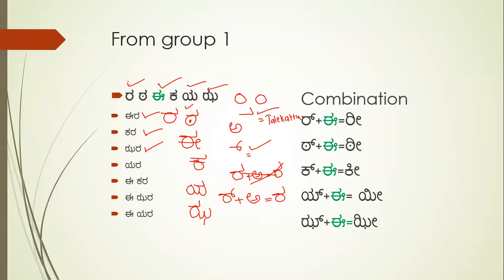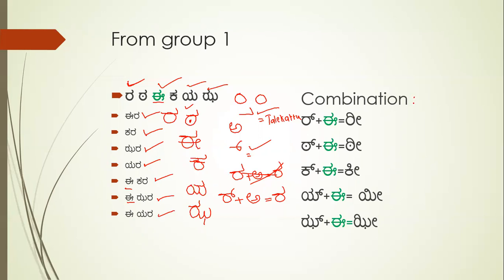Ya and R, it is yara. Now I'll take E kara, E jara, then E yara. So now I think you know how to pronounce it, right?